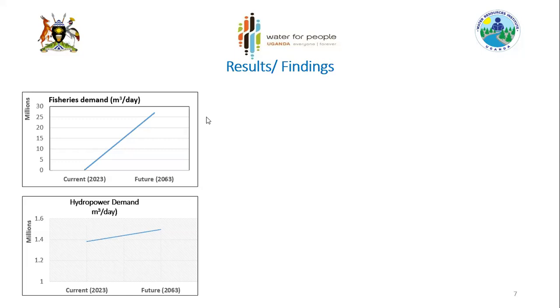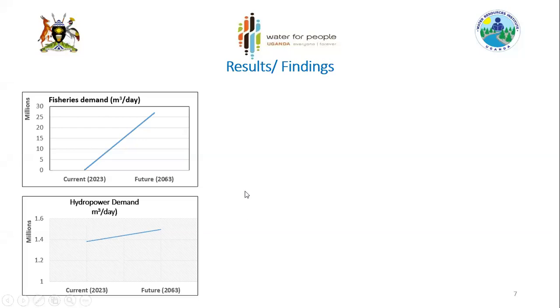So that gave us the volume of the fish pond, and we assumed 2 fishing regimes in a year, meaning the fish ponds would be emptied twice a year. So that gave us the demand for fisheries, which is shooting very sharply between 2023 and 2063.